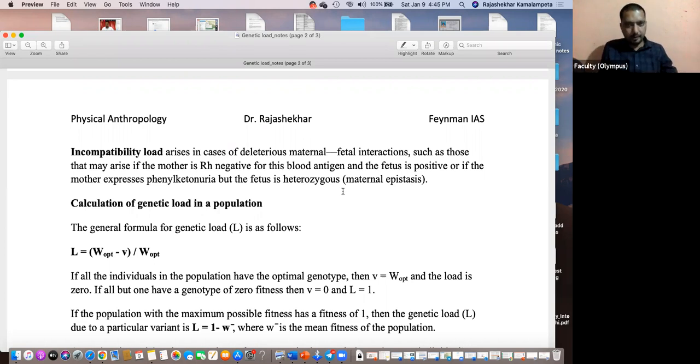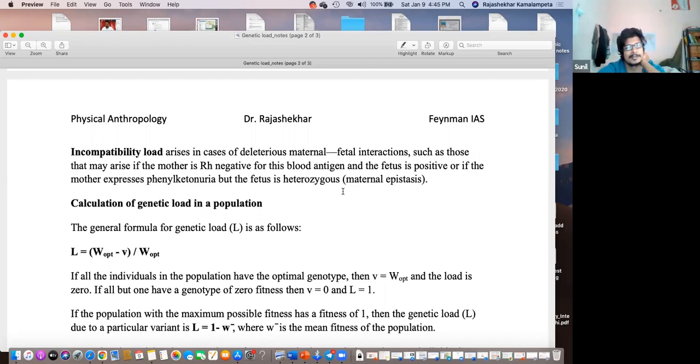So what is genetic polymorphism? Have you heard this term, genetic polymorphism? Okay, if not, can you guess? Can you try to dissect the word polymorphism? Polymorphism.